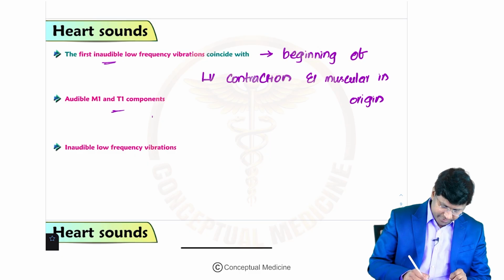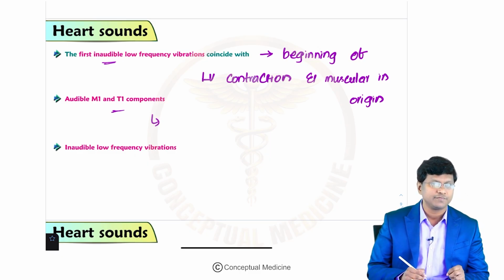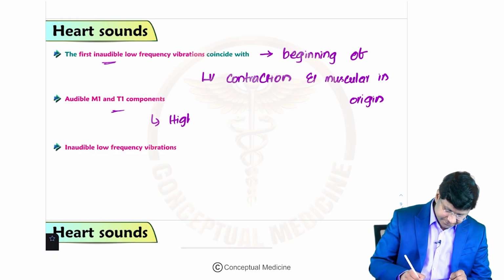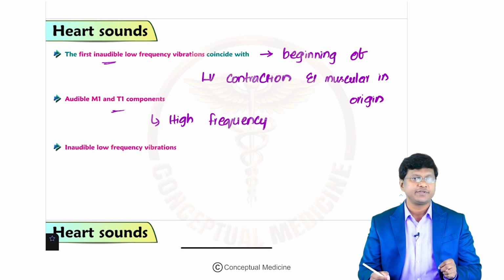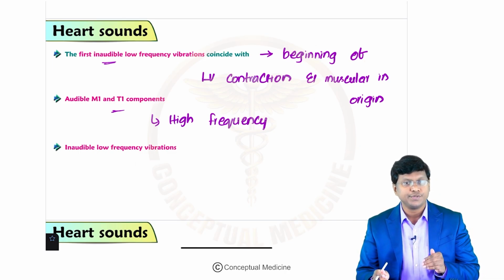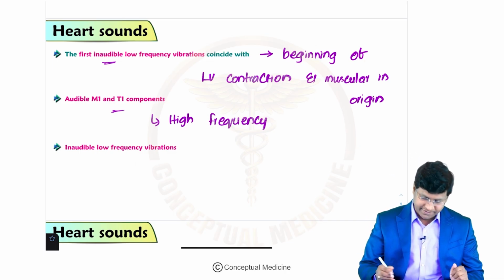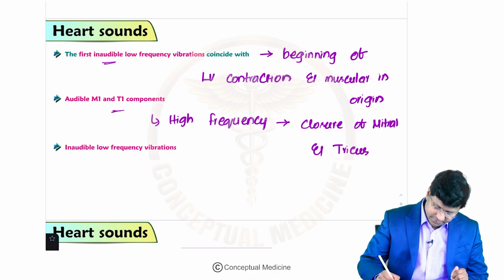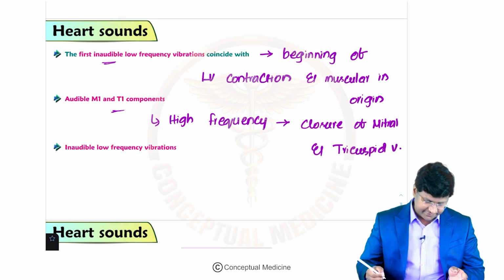These two audible components, M1 and T1, are both high frequency components, produced due to closure of the mitral and tricuspid valves.